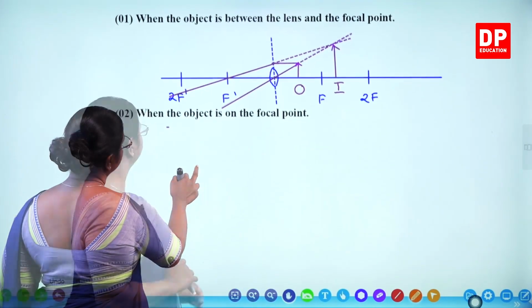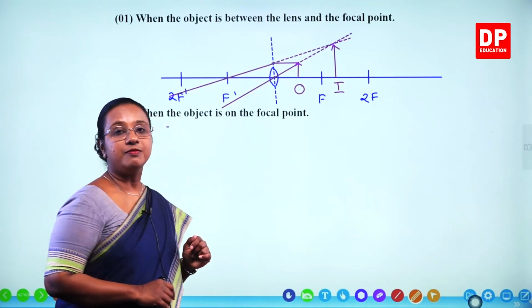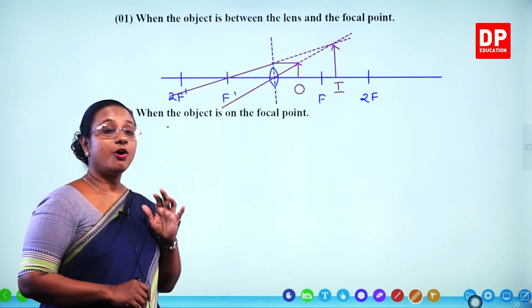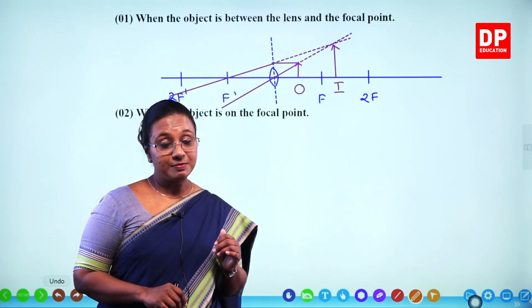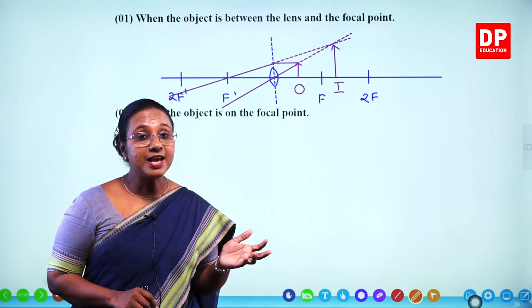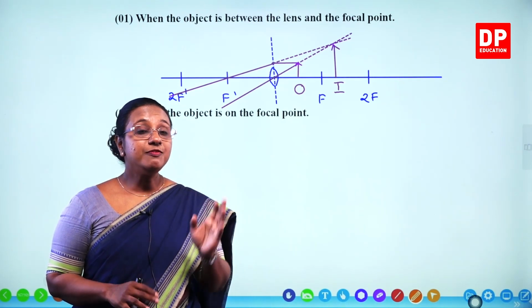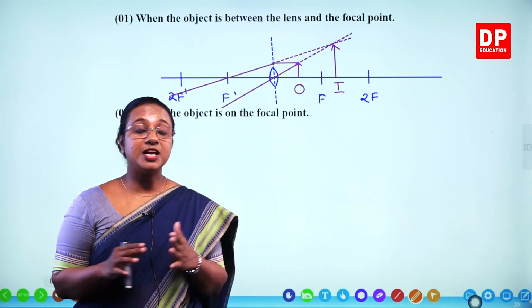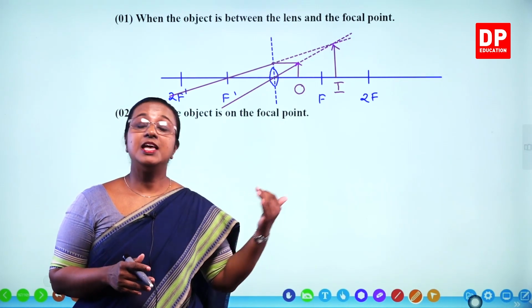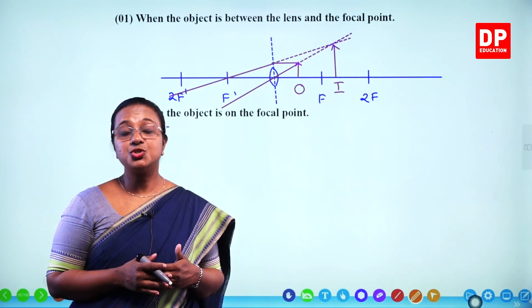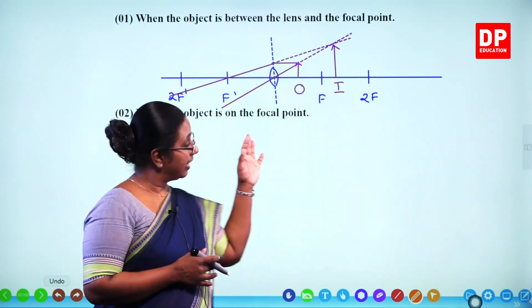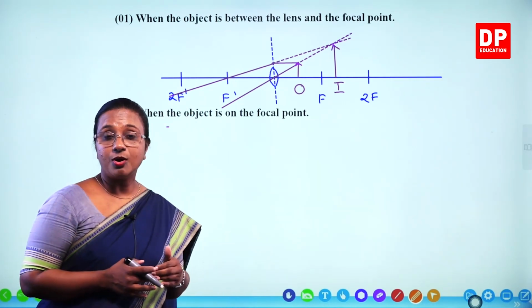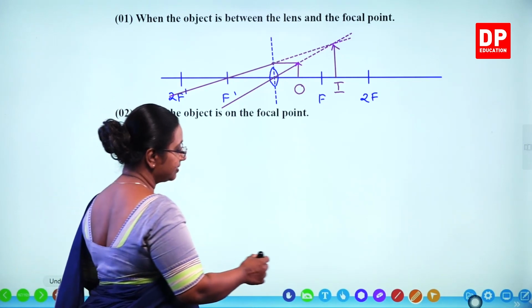The next, when the object is on the focal point. You all know very well how the image forms. It forms at infinity. So if you can remember where the image will form and how it forms, it will be very easy for us to draw the ray diagram. Anyway, we have to start off with the principal axis.